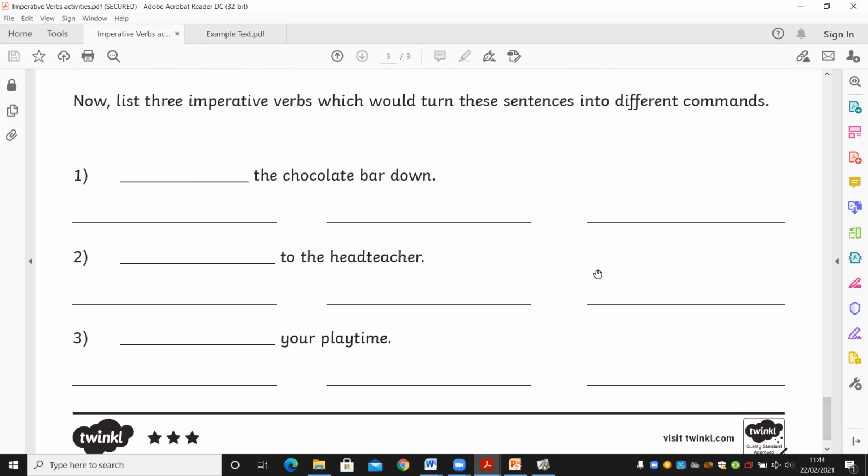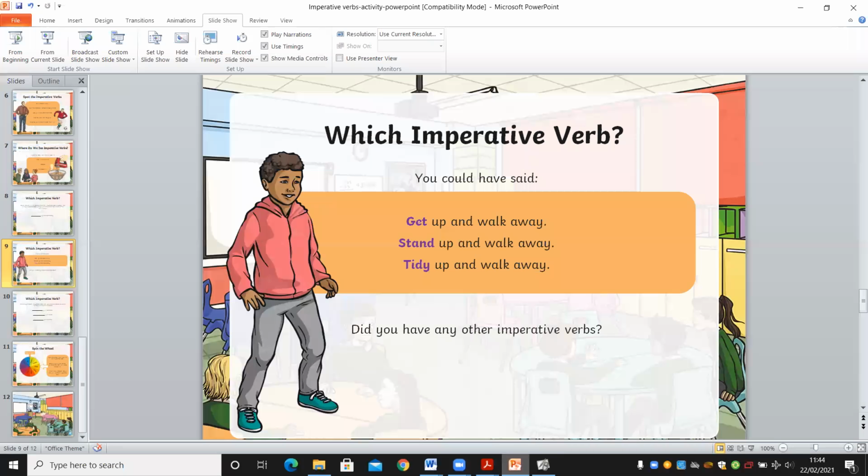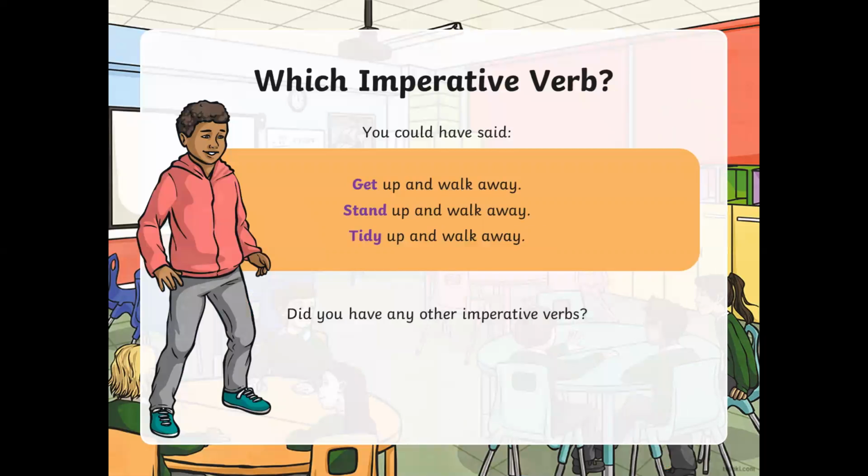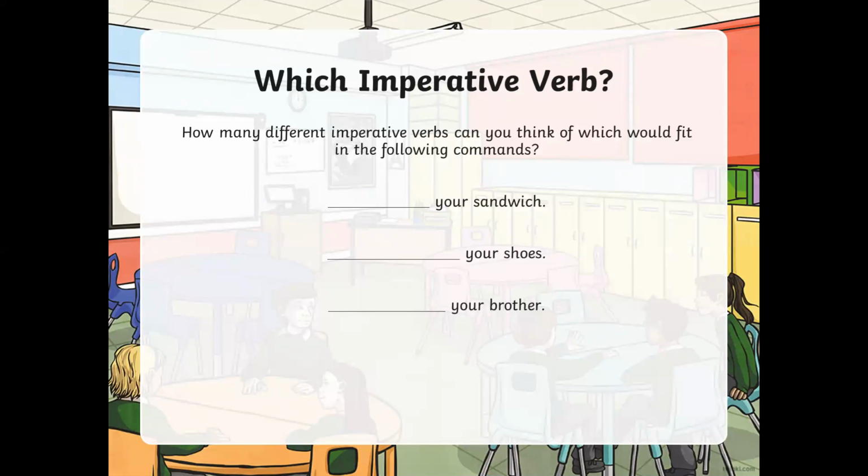Once you have done that, once you have completed the task which is most appropriate for you, then have a look at our PowerPoint together. I will attach it to the tapestry post and have a go at 2 interactive tasks there.